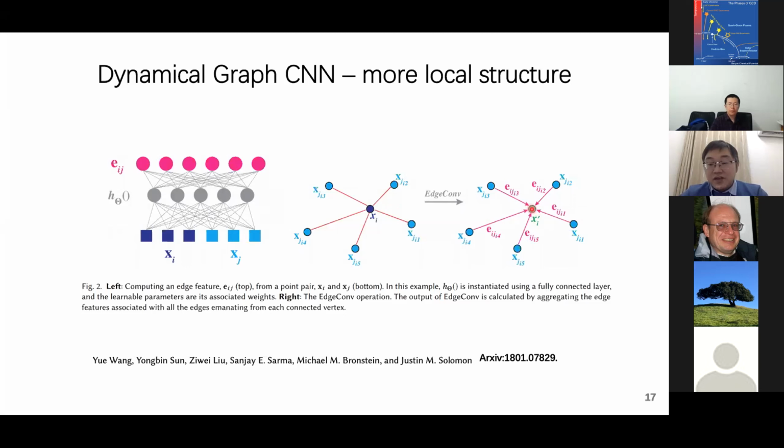Finally, one feeds not only the information of xi, but also the information of all the edges to the neural network. In this way, one has more local information.